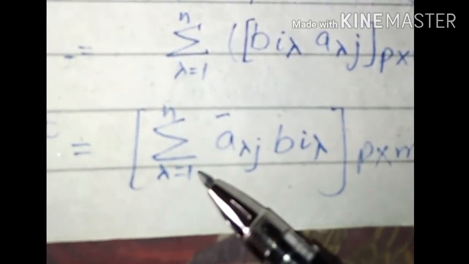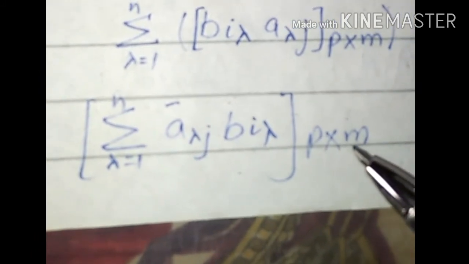So after multiplication, sigma lambda from 1 to n, a_lambda j b_i lambda, p cross m. Simply you can say that the left hand side and right hand side are equal, so left hand side is equal to right hand side.